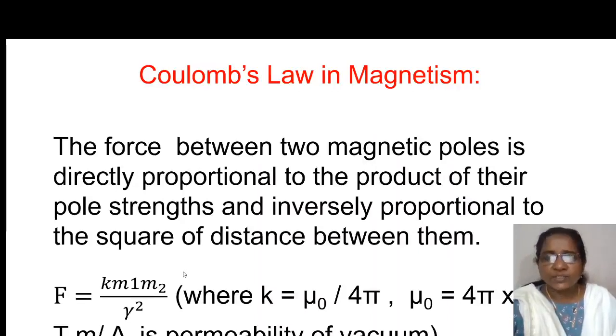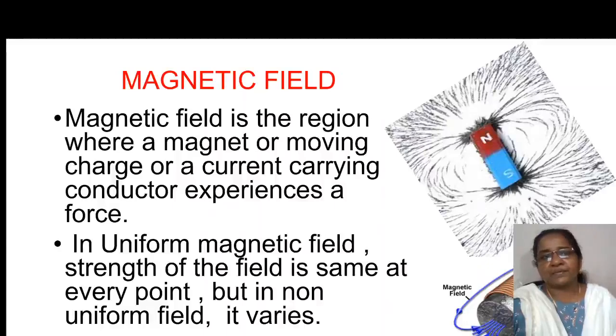Combining this, you can write F proportional to m1 m2 by r square, or F equals k m1 m2 by r square. In this equation, the constant k equals mu 0 divided by 4 pi, where mu 0 is the permeability of vacuum, which has a value 4 pi into 10 raised to minus 7 Tesla meter per ampere.